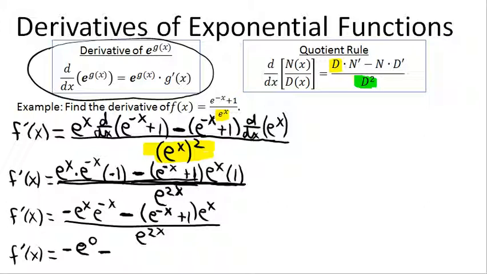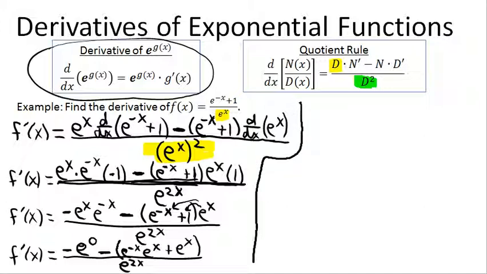And then multiplying out the parentheses, you have to be really careful here because that minus sign is going to distribute. You get e to the minus x times e to the x, and then when you multiply the e to the x times 1, you simply get e to the x. And that entire thing is over e to the 2x.